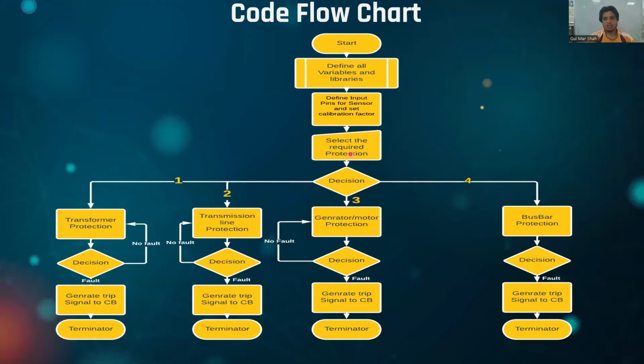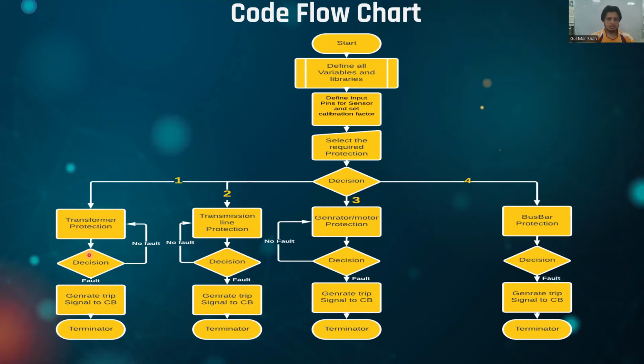When the user enters 1, it will give protection to the transformer. If it is 2, transmission line protection, and if the user gives input 3, then it will give generator and motor protection, and 4 busbar, and the decision will be taken by the microcontroller.